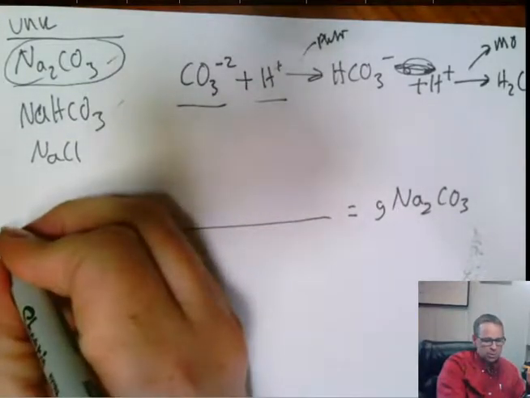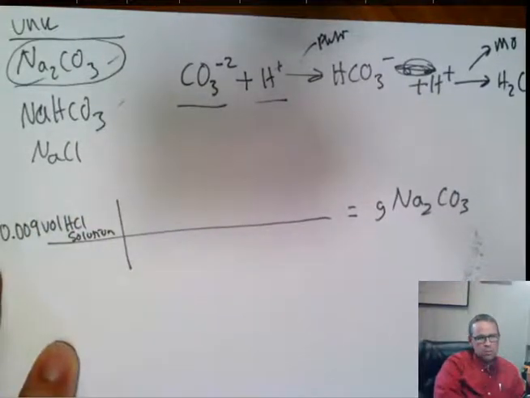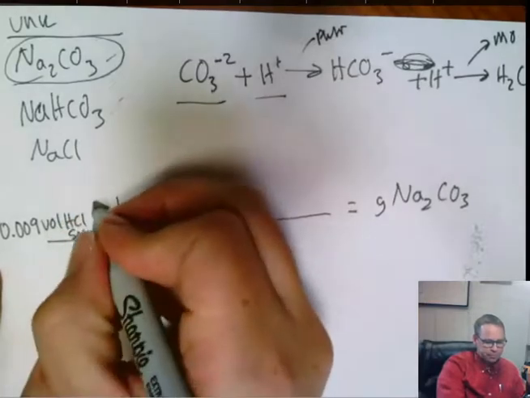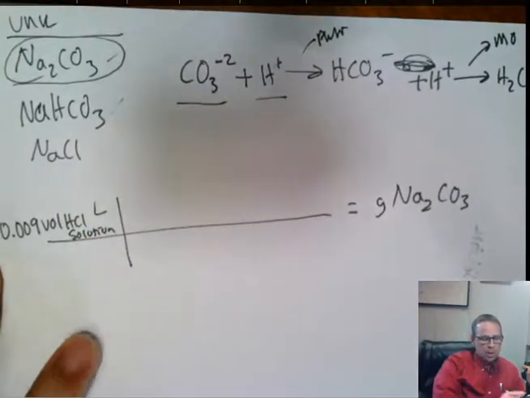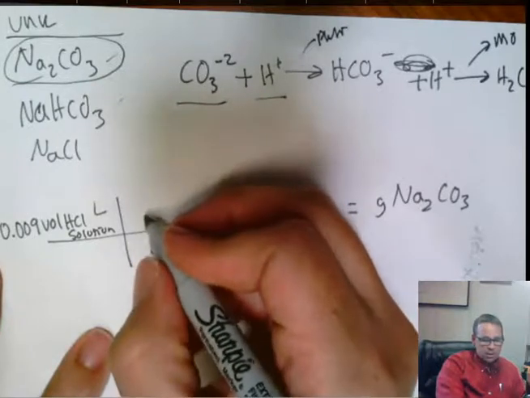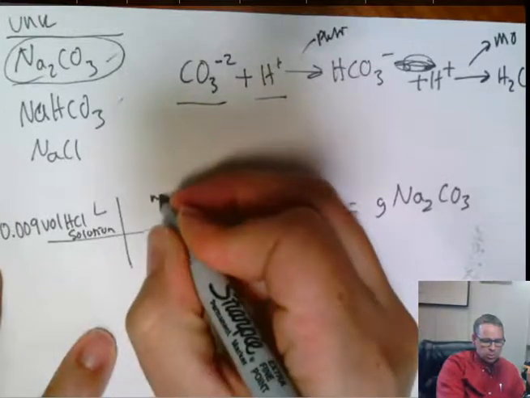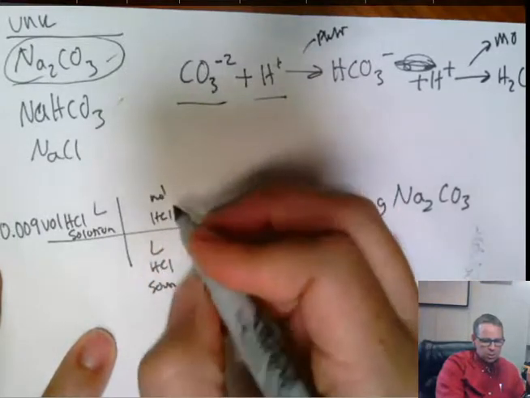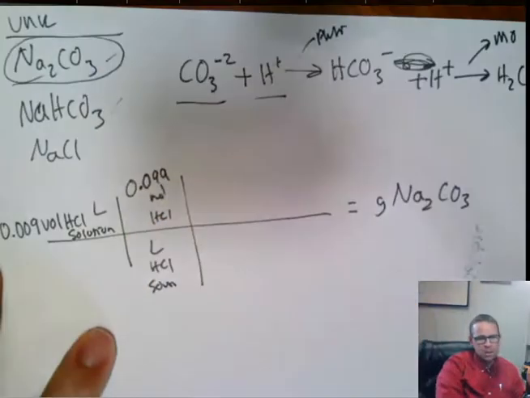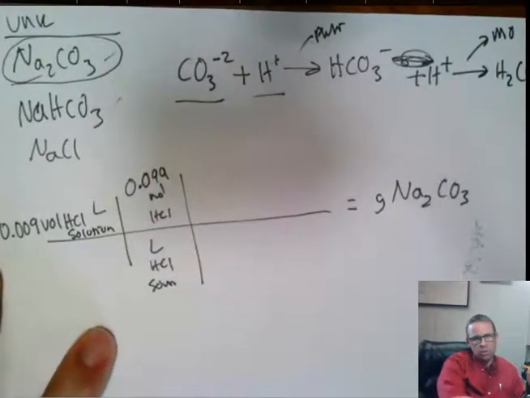That's going to be in liters. Let's say it was 0.09 liters, which is 9 milliliters. Okay, and then we can compare that to the molarity of our acid. So liters of the HCl solution to moles of the HCl solution, 0.099, let's say. This depends on whatever your calculation was.